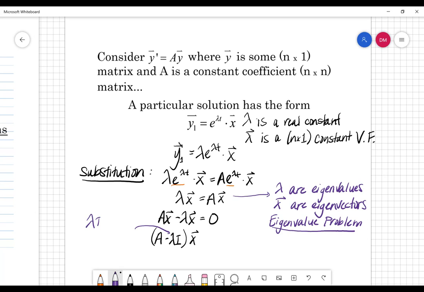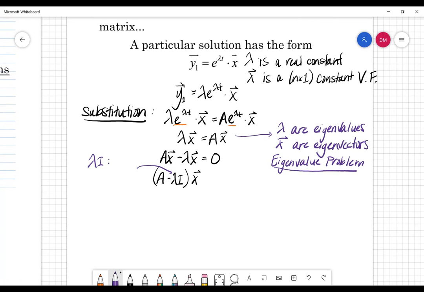So lambda times, remember, the identity matrix just has ones on the main diagonal. If I take lambda times the identity matrix, then what I get is lambda on the main diagonal. I'll just do a 3 by 3 here. Everywhere else you have zeros. So instead of lambda just being some constant, we put that constant into a matrix form.